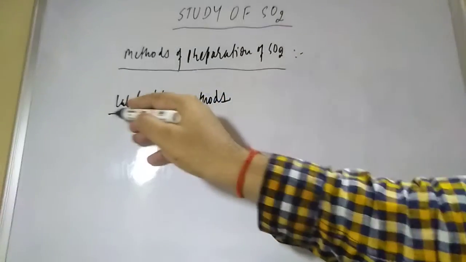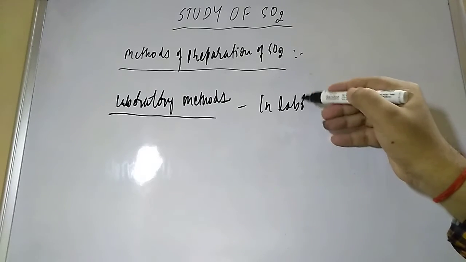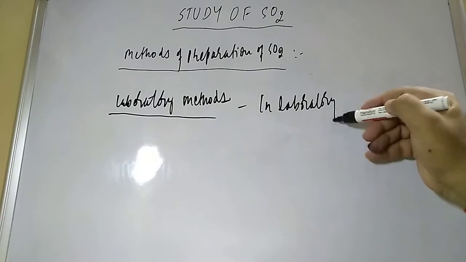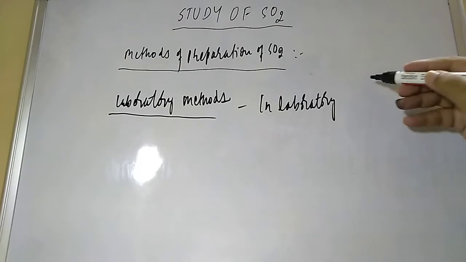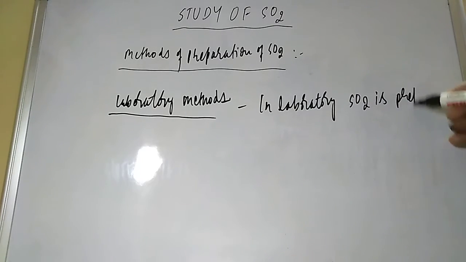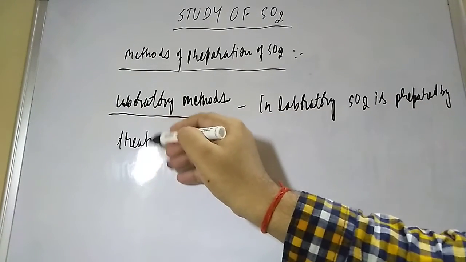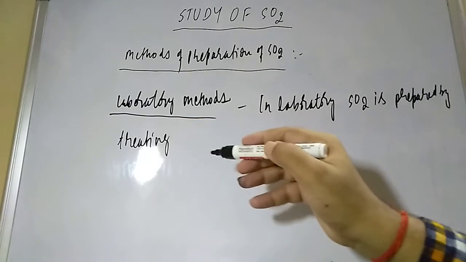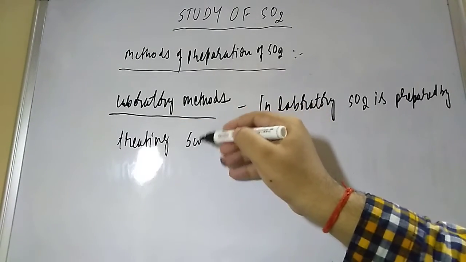Dear students, in the laboratory, SO2 is prepared by treating sulfite with dilute sulfuric acid.